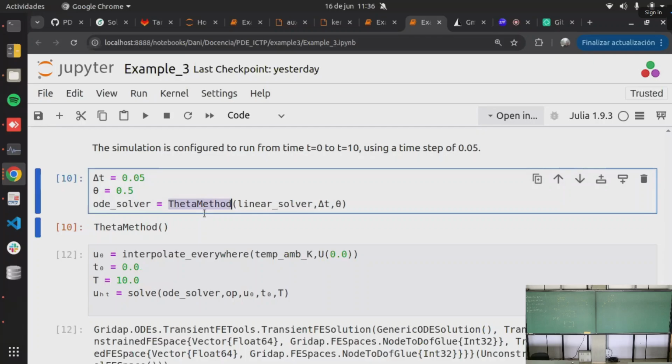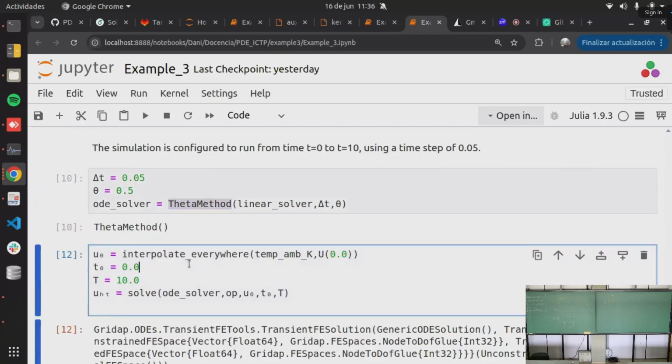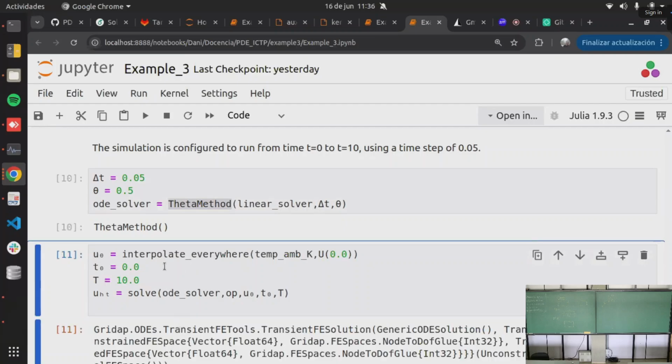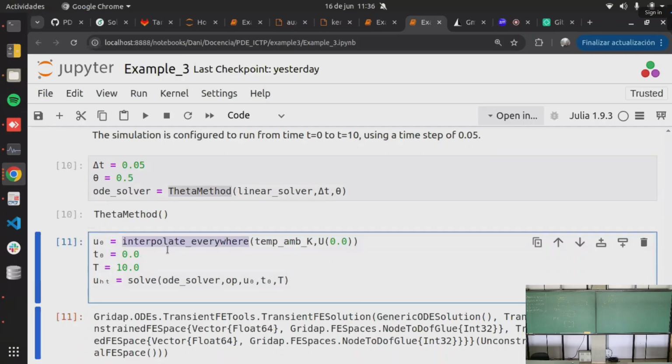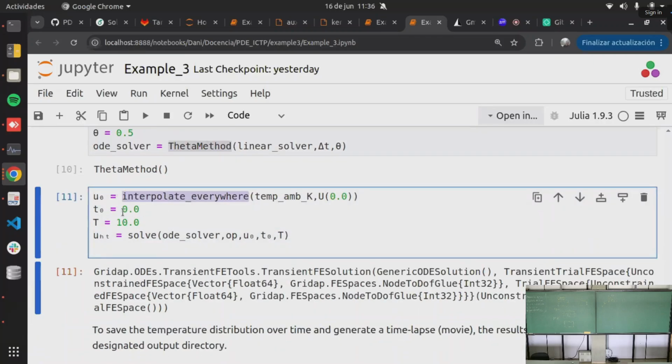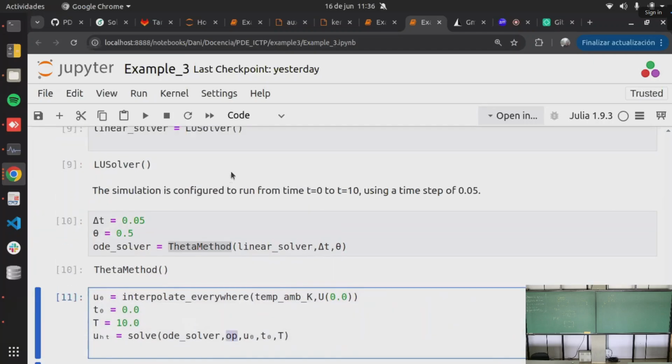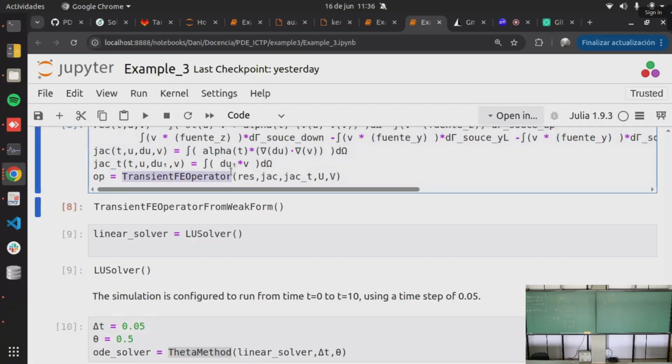Theta method is one of them. After that, we solve the problem, interpolating first of all the temperature everywhere. We solve the other part, and here in up we have the information of the Jacobian and the residual parts.